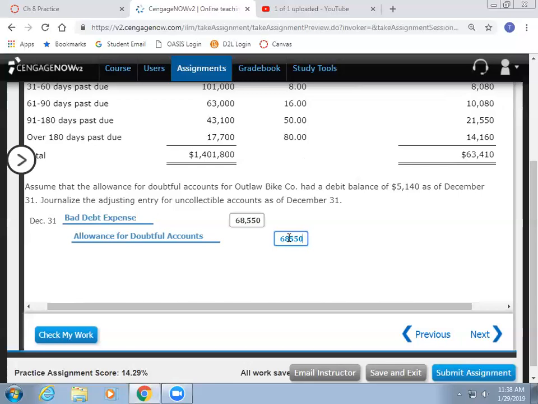And then if you have an existing credit, which they told us, in this case we have a different balance, you'll subtract from your desired balance to get your adjustment amount. And that adjustment amount is what I'm debiting to bad debt and crediting to allowance. In this case, we had an existing debit. So I would take my existing debit plus my desired balance to get the adjustment.